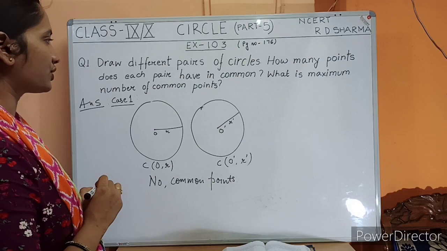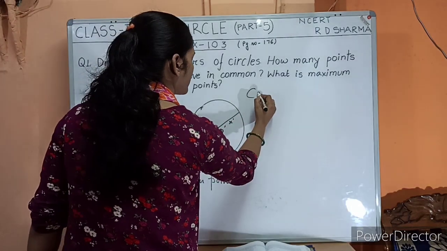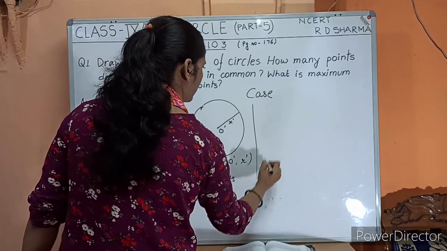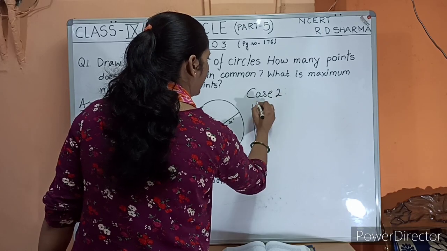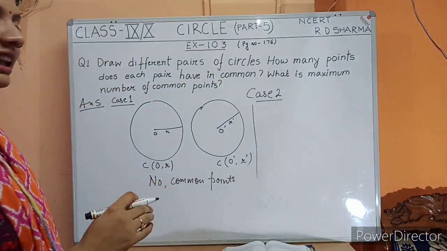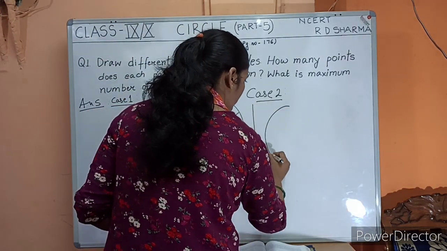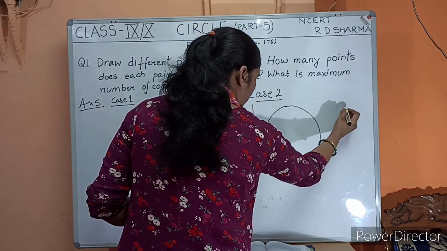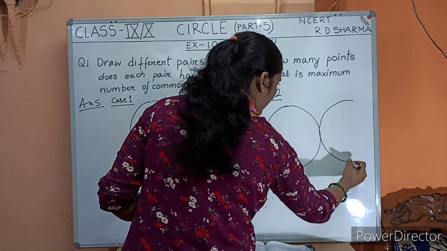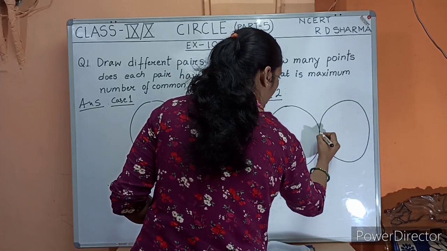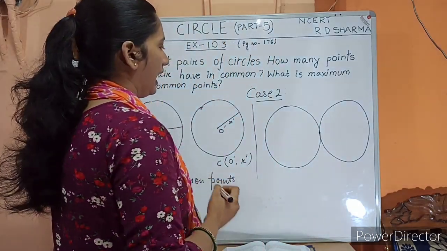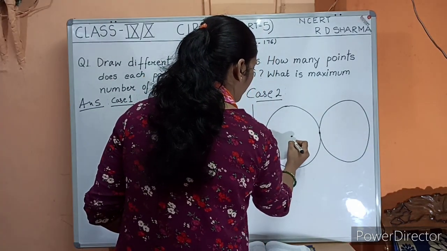Now the case 2. In case 2, again we need to draw a pair of circles where it will touch at only one point, and that would be its common point.